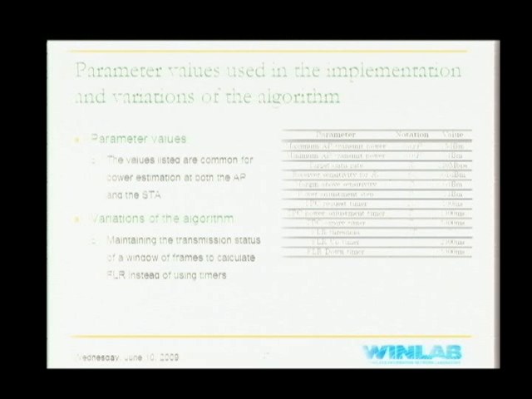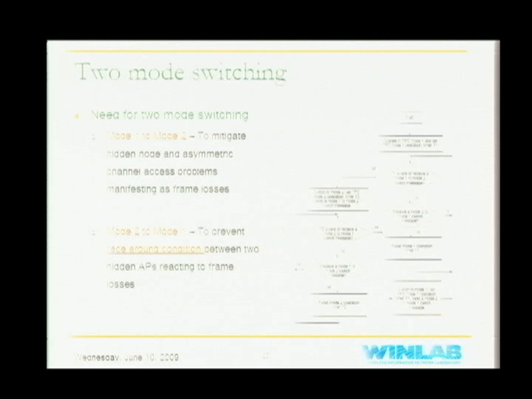Again, the variation of the algorithm is to maintain a window of transmission status of packets and then decide what the frame loss rate is. We talked about 2 modes and why we need 2 modes and why we need to constantly switch between the 2. The switch from mode 1, which is pure RSSI based, to mode 2, which is based on both triggers, is pretty obvious.